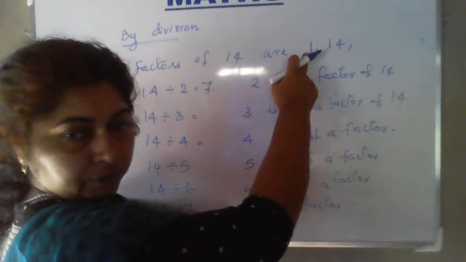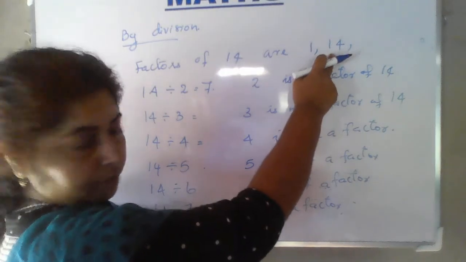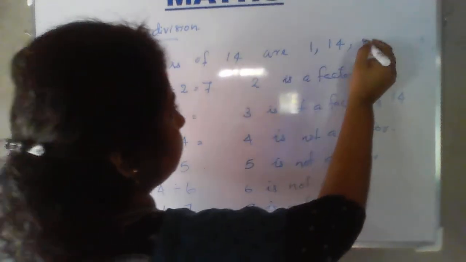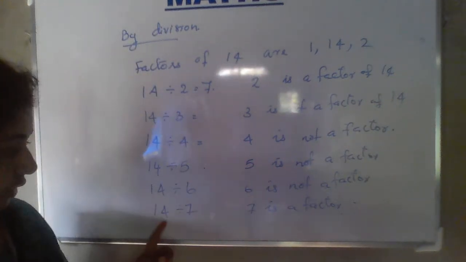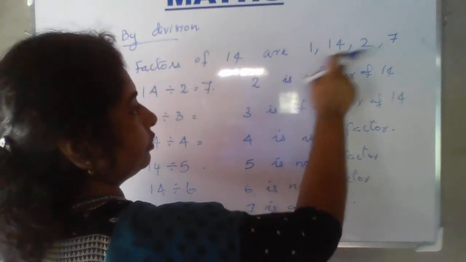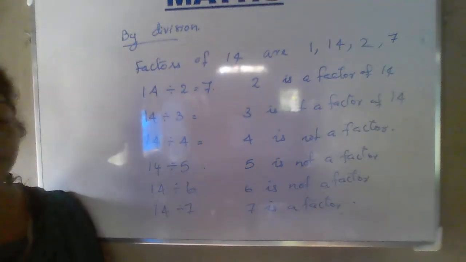And when 14 is divided by 2, we get remainder 0, and when 14 is divided by 7, its remainder is 0. So 1, 2, 7 and 14 are the factors of 14.